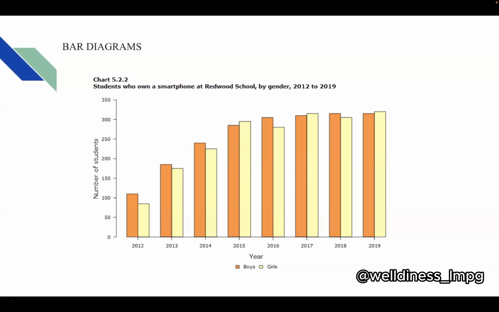So that's about 1,980. Since the boys are 2,040, the boys have more smartphones, but the difference is not much. It's just a difference of 60. So that's the beauty of diagrammatic representation. It gives you more insights.